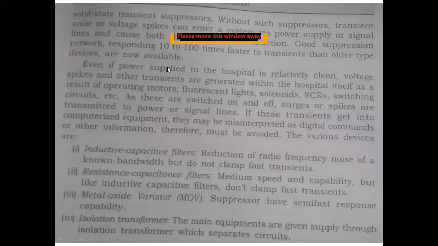Interference also occurs when two wires are side by side in parallel, and a heavy current is flowing in one wire while in the other wire there is no current.